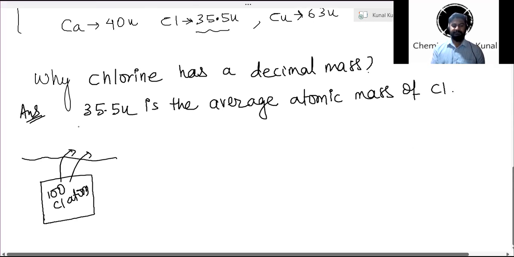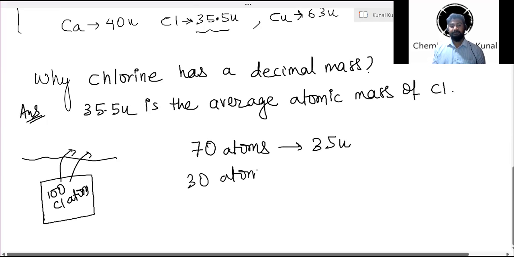Now he starts weighing those atoms one by one. And it was surprising that he got 70 atoms out of 100 with a mass of 35 U. And the rest, 30 atoms, were 37 U. And he was surprised. How come we have this?